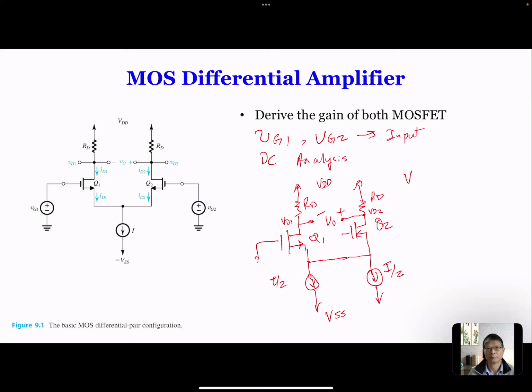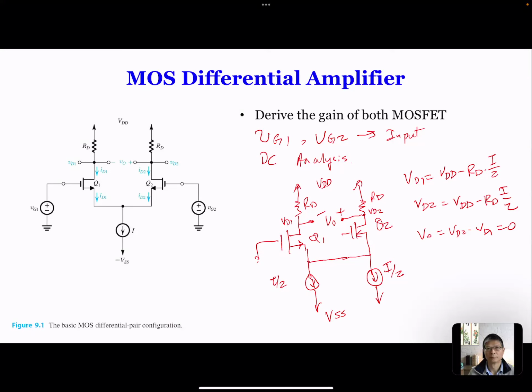We know that VD1 is going to be VDD minus RD times 1/2 I. And VD2 is going to be the same thing, VDD minus RD times 1/2 I. So what is VO in this case? VO is going to be VD2 minus VD1, which is 0. So that's exactly what we expected.